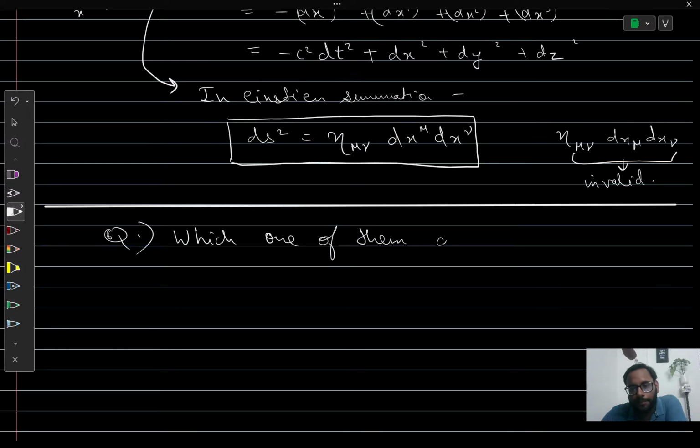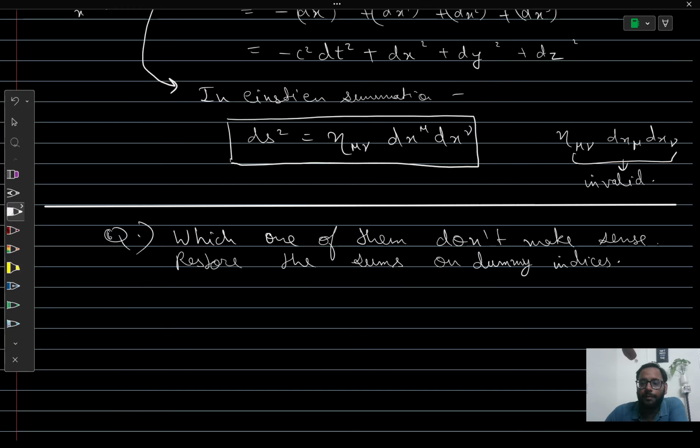Which one of these doesn't make sense? You have to write this and restore the sums on dummy indices.